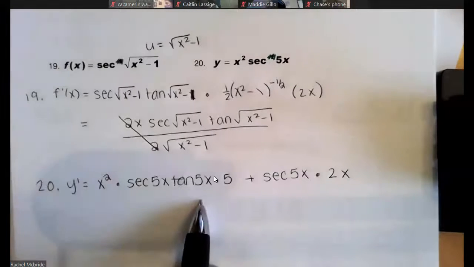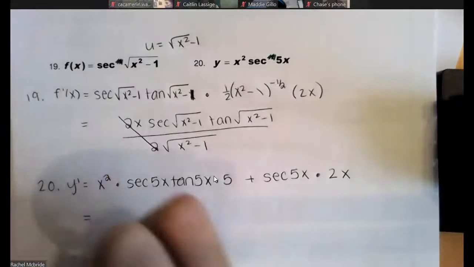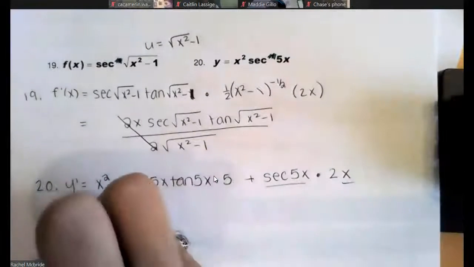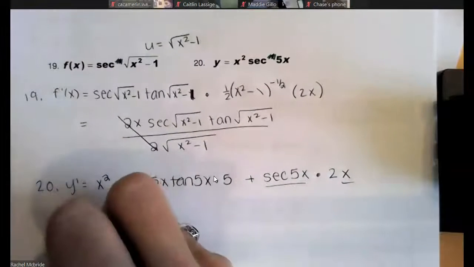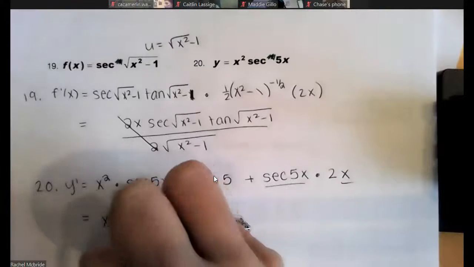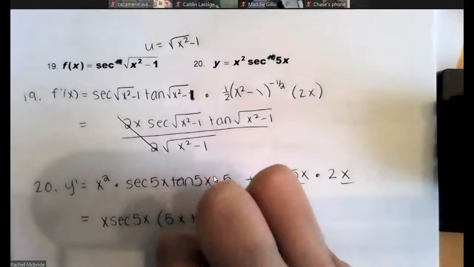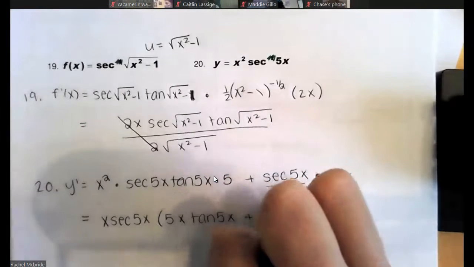So again, first times derivative of the second plus second times derivative of the first. And we can take out a x secant 5x, leaving 5x tan 5x plus 2.